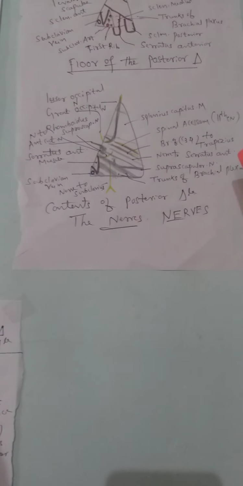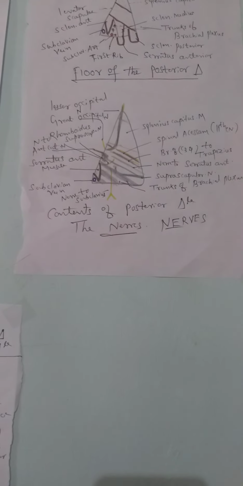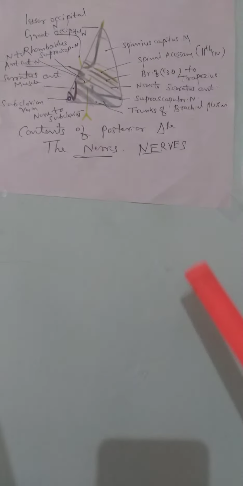Then the muscular branches from C3, C4 to the trapezius, the muscular branches to the sternomastoid, the suprascapular nerve, the trunks of the brachial plexus, and the nerve to subclavius muscle. These are the nerves present in the posterior triangle.